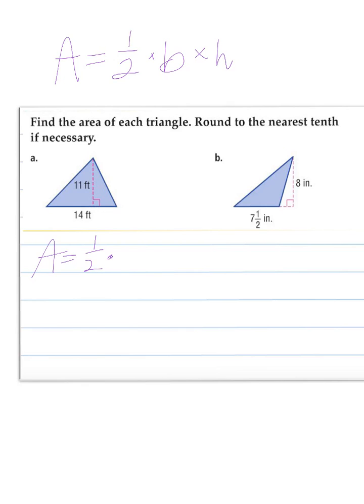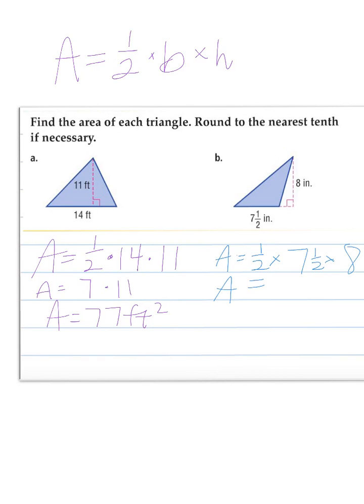1/2 equals the base, which is 14, the height, which is 11. Area equals, this I can actually do without my calculator. 1/2 of 14 is 7 times 11. The area equals 77 feet squared. Next one, area equals 1/2 times 7.5 times 8.